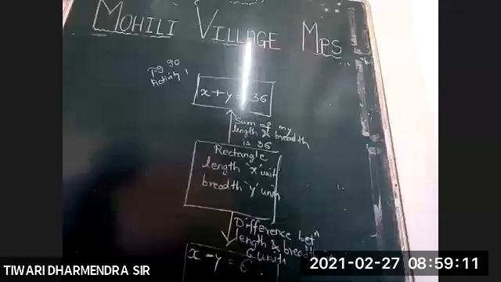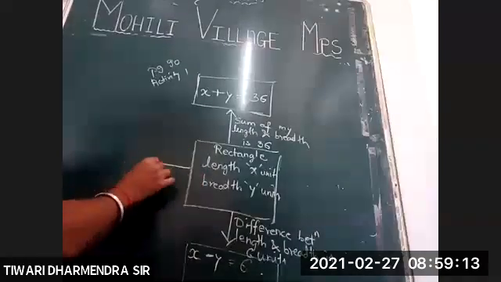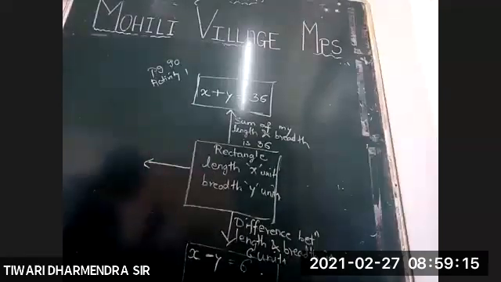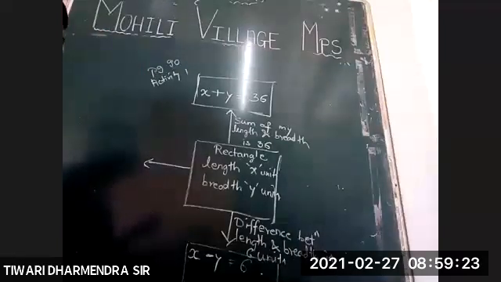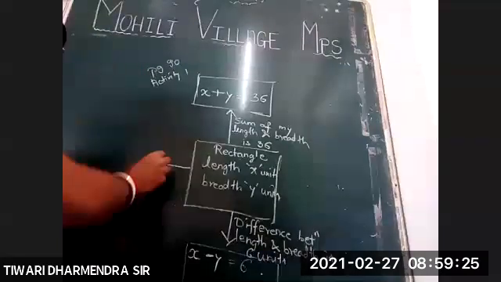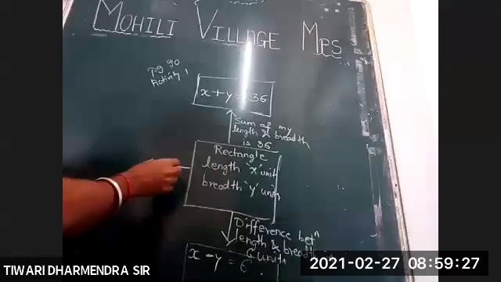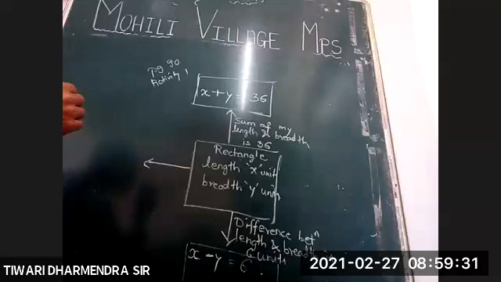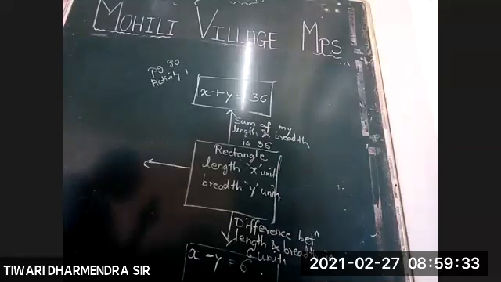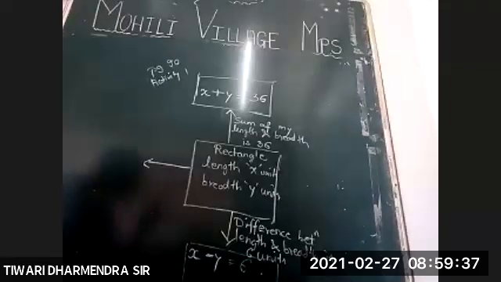Now, on the left hand side, what is the condition given? If the breadth is subtracted from twice the length, the answer is 27.